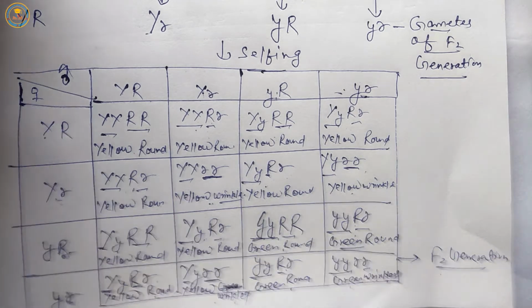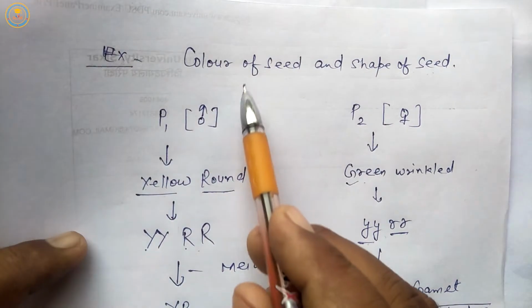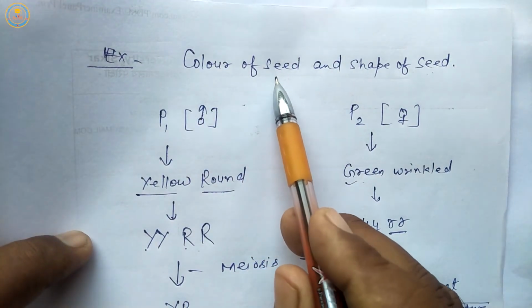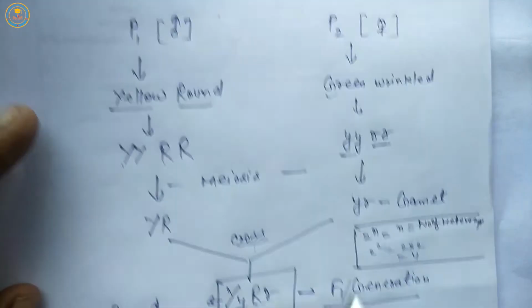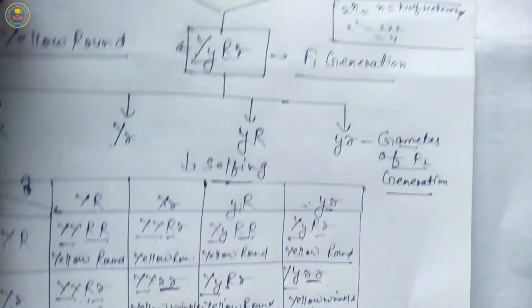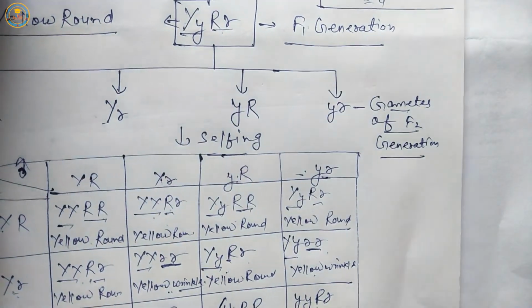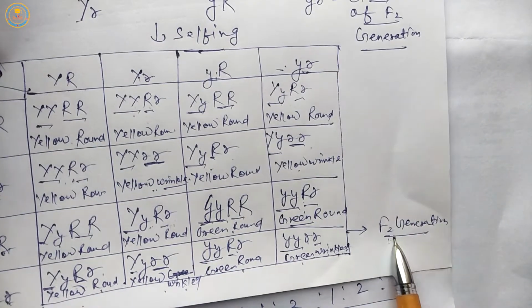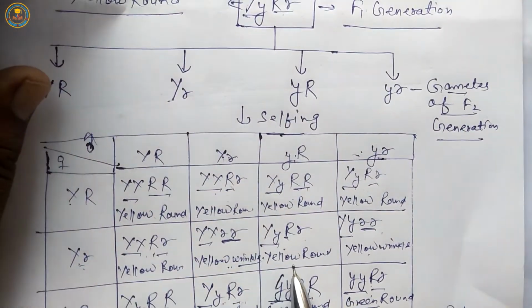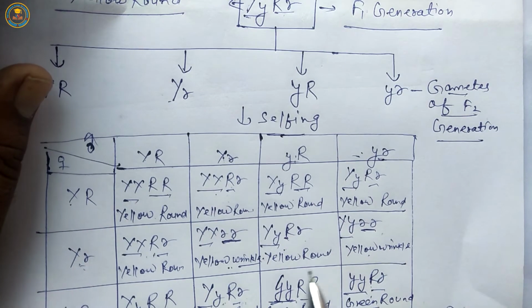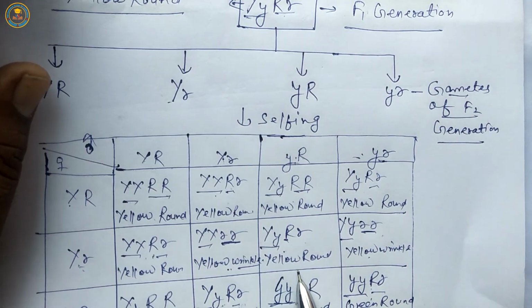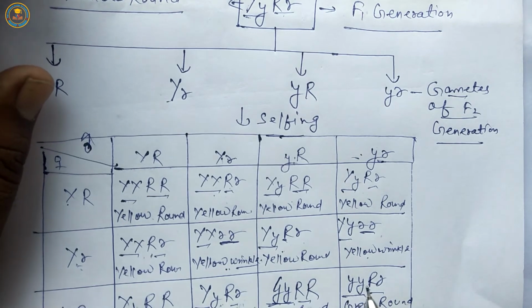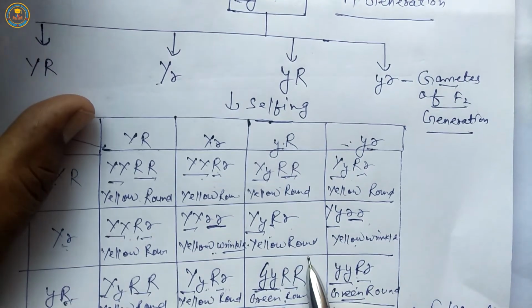Once again, when we take two traits and cross two different plants, the F1 generation is formed, then the F2 generation. In the F2 generation, traits are independent. It means any single trait is not affected by another trait.